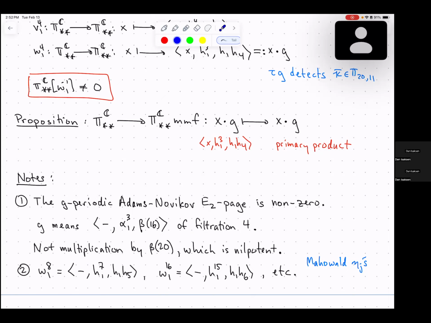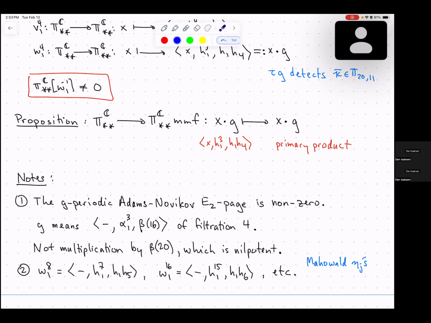So when I'm talking about this W1 periodic homotopy, that is closely related to the idea that the G periodic Adams-Novikov E2 page is non-zero. But you have to be careful about what you mean by G periodic. What I mean by G periodic here is this particular Massey product.